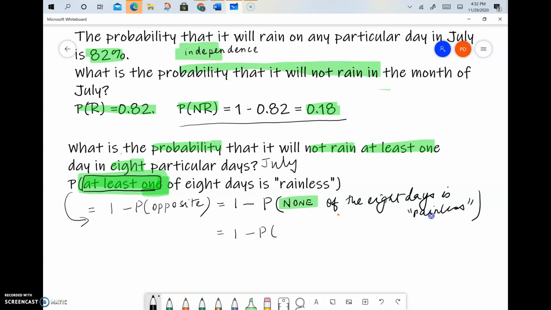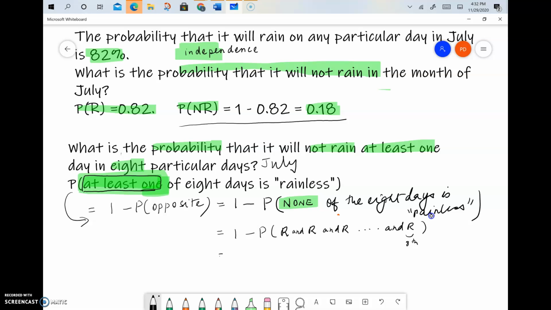So it's the probability of rain on the first day, and rain on the second day, and rain on the third day, and we keep going on, and rain on the 8th day.